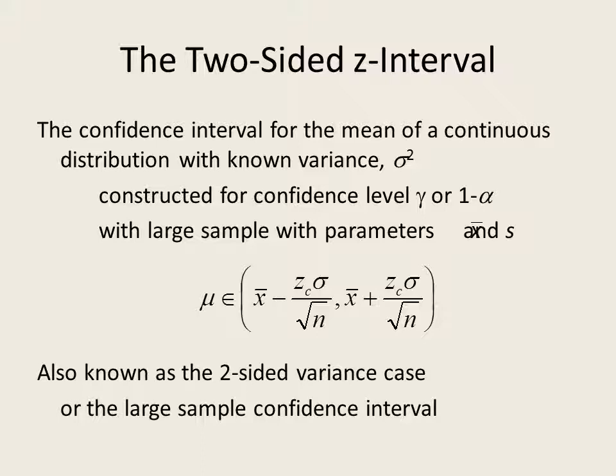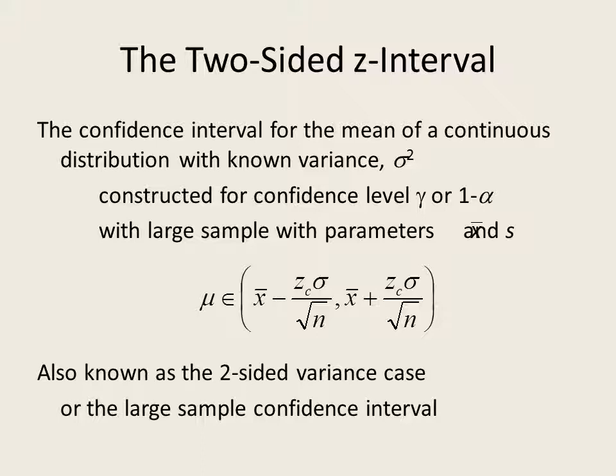In that, you can say that we expect the population mean to lie somewhere between x bar minus zc sigma over the square root of n, and the upper end of the interval is x bar plus zc sigma over the square root of n, where n is the number of observations in our sample, and that sample is where we came up with the value of x bar.